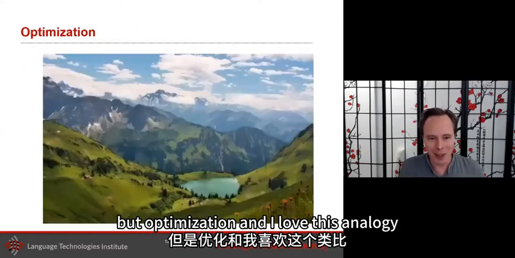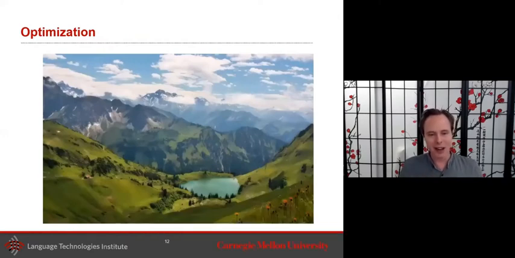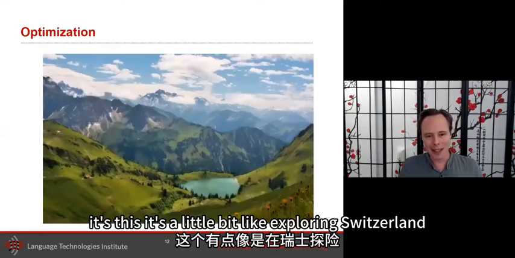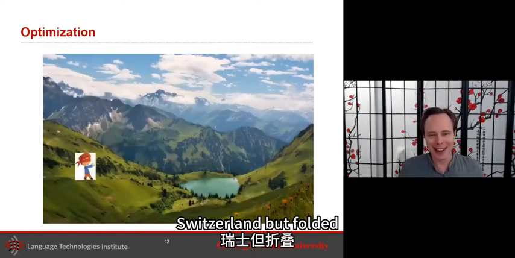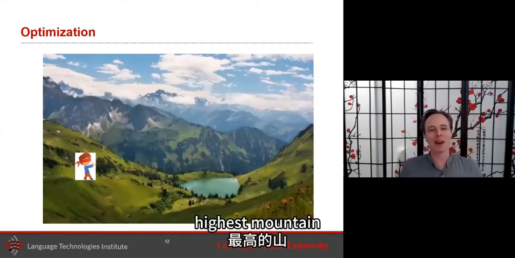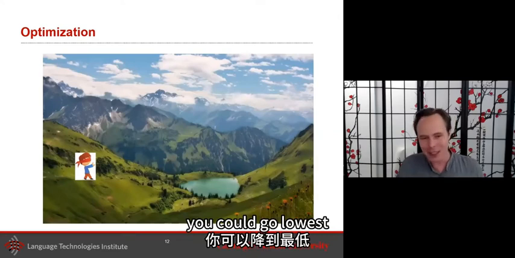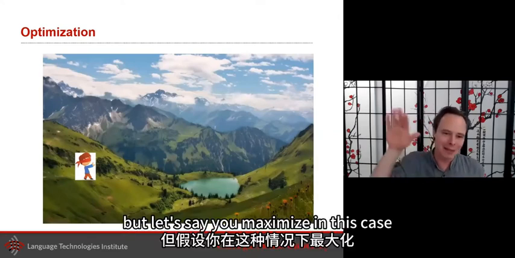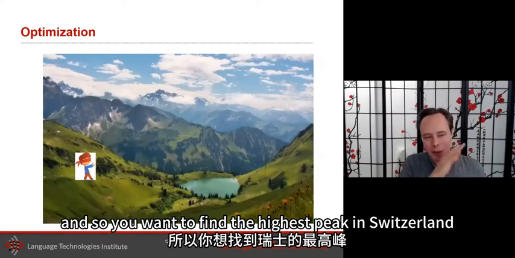But optimization, and I love this analogy, is a little bit like exploring Switzerland blindfolded and trying to find the highest peak, the highest mountain. You could go lowest, but let's say you maximize in this case. So you want to find the highest peak in Switzerland.